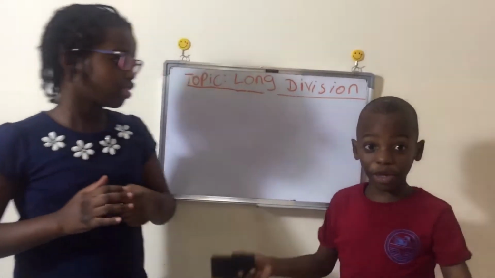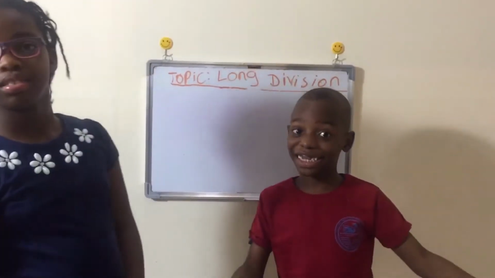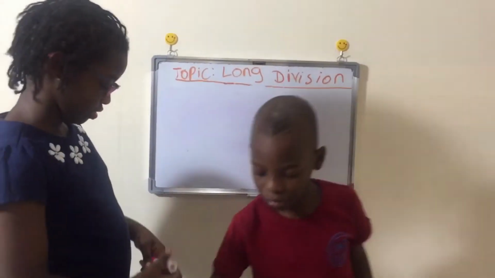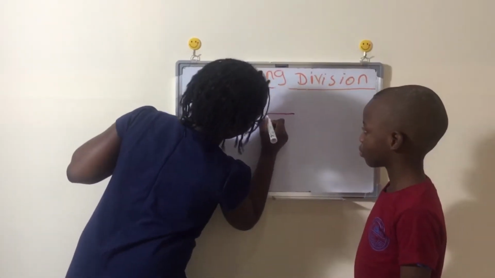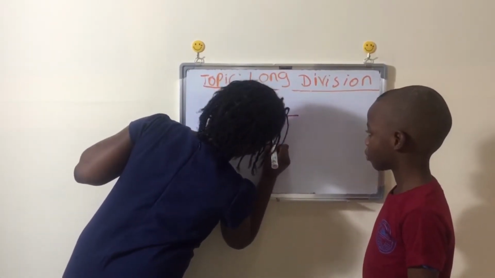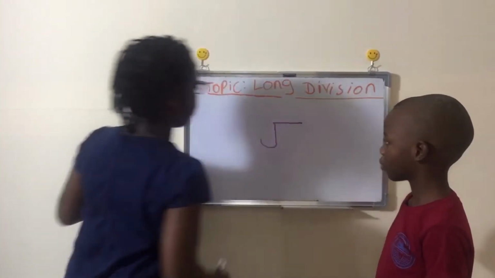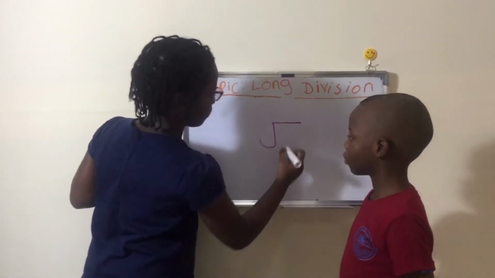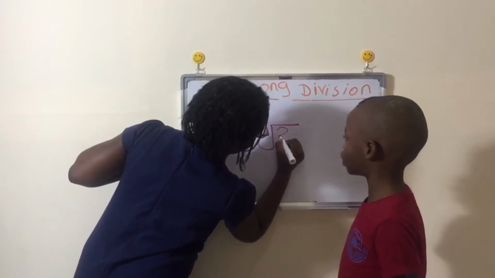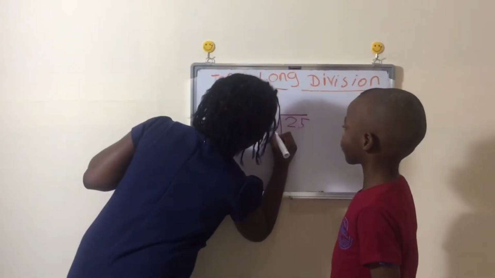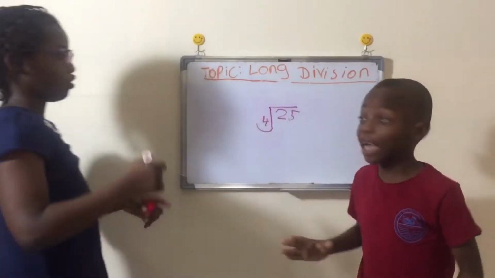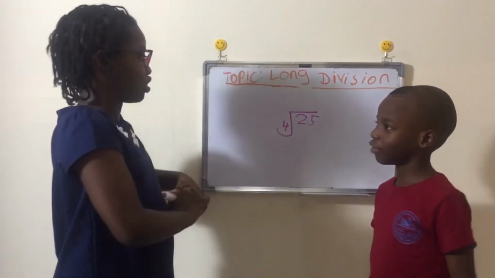So the real long division is the question that we have here: 25 and 4. 4 divided by 25.